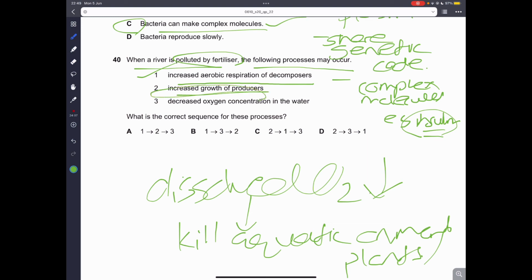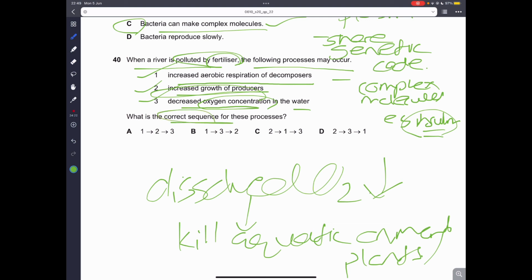So this was polluted by fertilizer. Fertilizer, remember, also contains many nutrients such as nitrate ions and phosphate ions, and this would increase the growth of plants or producers.